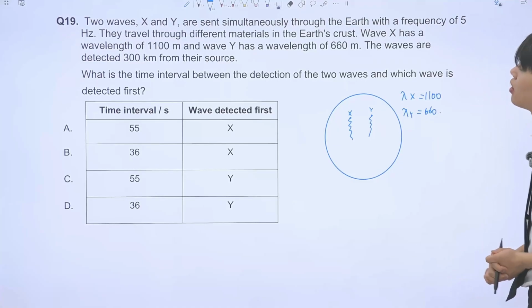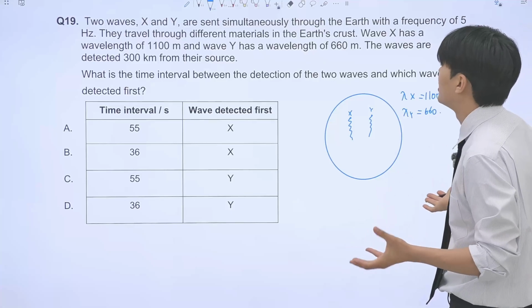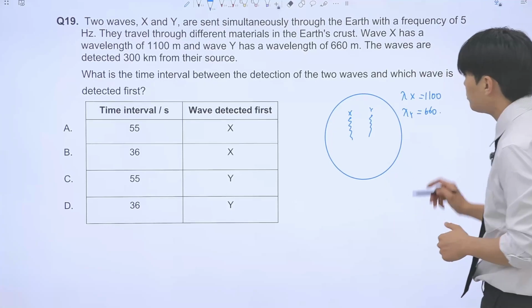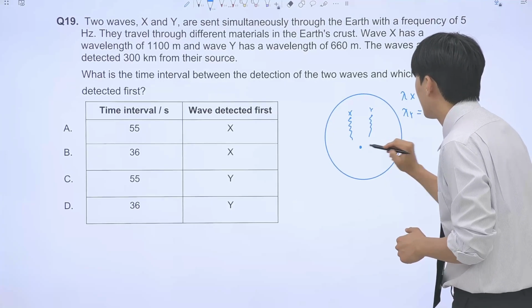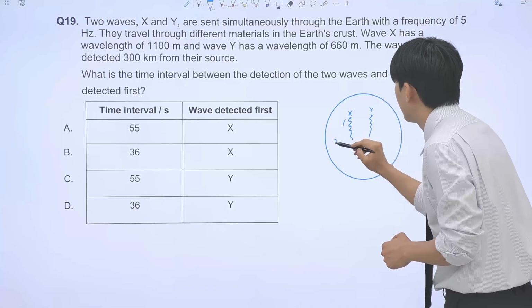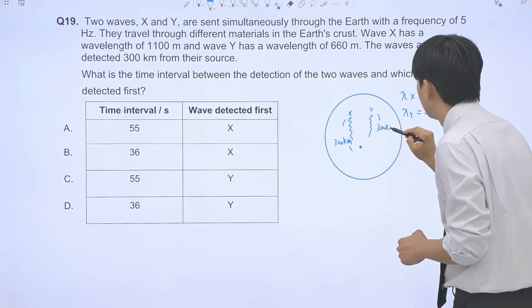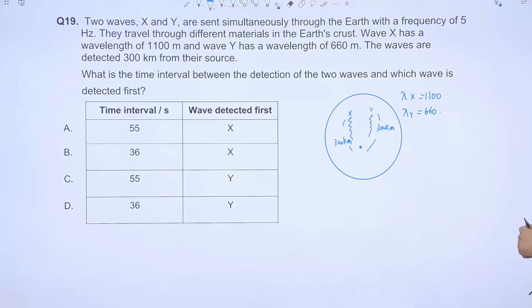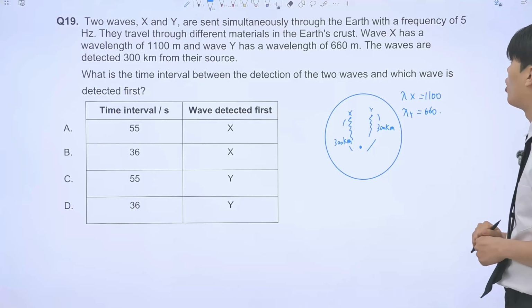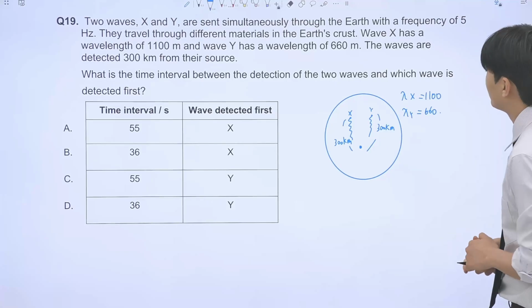The waves are detected 300 kilometers from their source, so they travel 300 kilometers. What's the time interval between the detection of the two waves, and which wave is detected first?